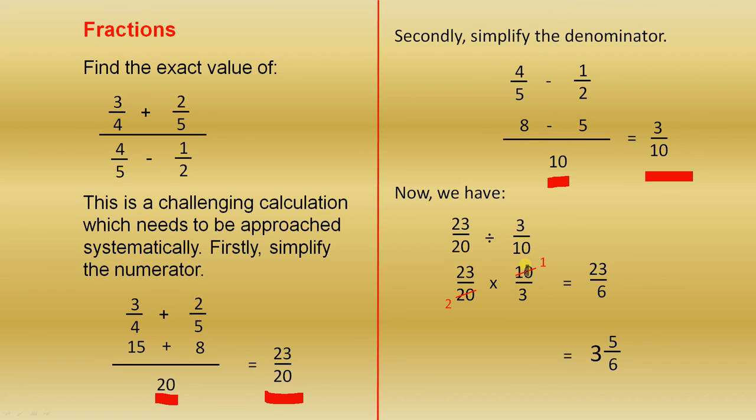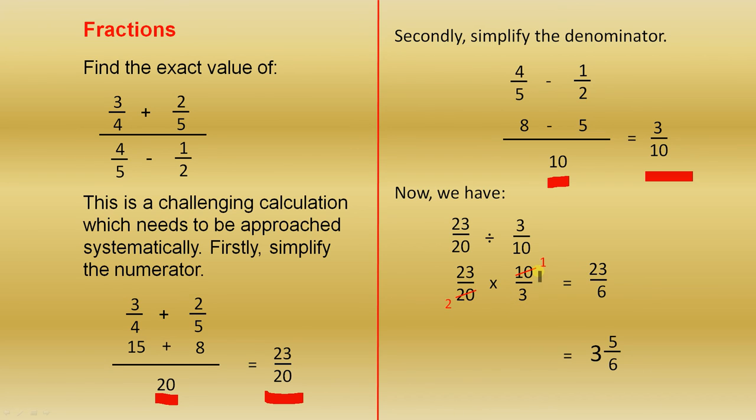An earlier video of mine taught you how to invert and multiply. So if you have one fraction, and you are dividing it by another fraction, you turn the second fraction upside down and you multiply.